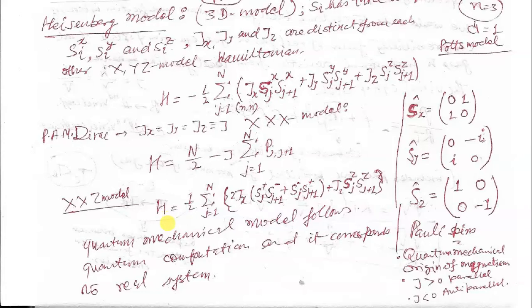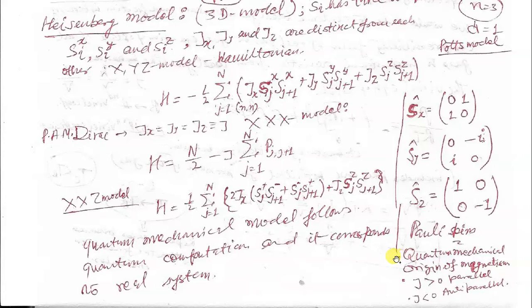The Heisenberg model can be solved classically as well as quantum mechanically. In the classical case, we say n-component Heisenberg model. In the quantum mechanical case, your spins follow the quantum mechanical commutation laws. These are the Pauli spins. We are familiar with the Pauli spins: the x, y and z components of the Pauli spins can be written in this fashion.